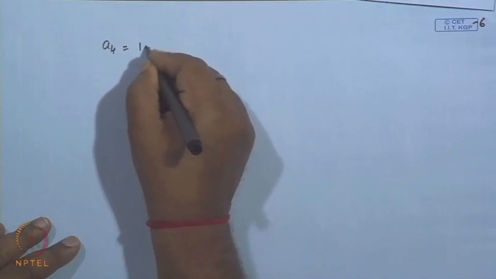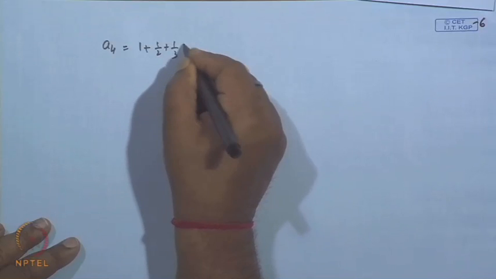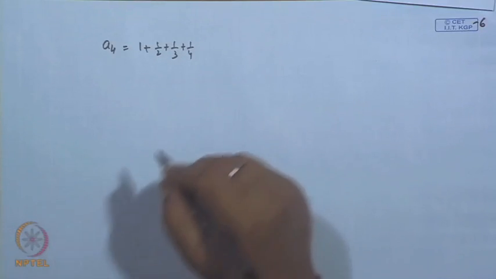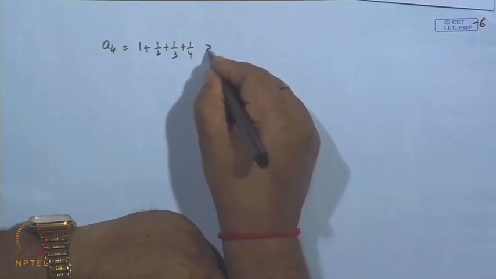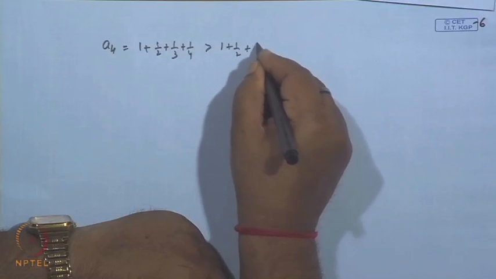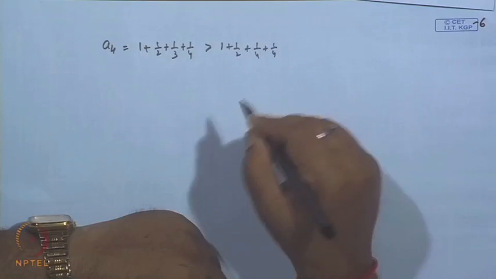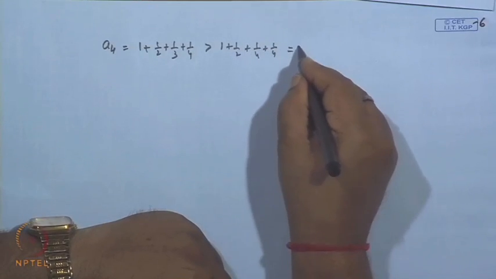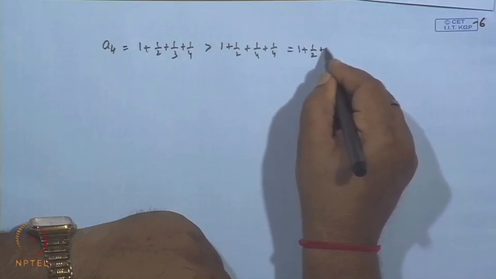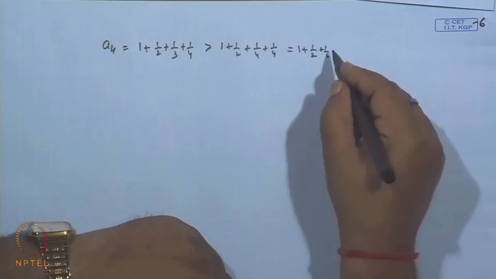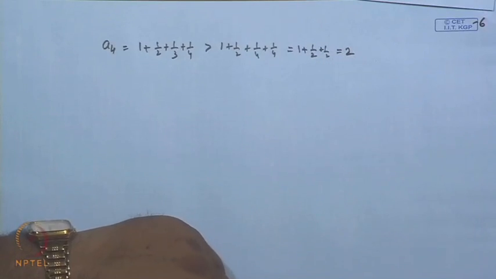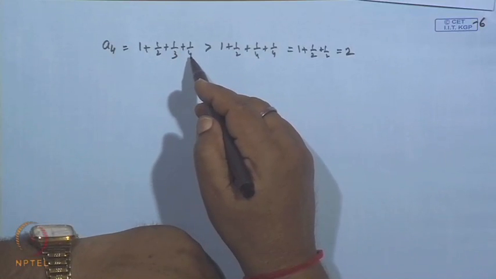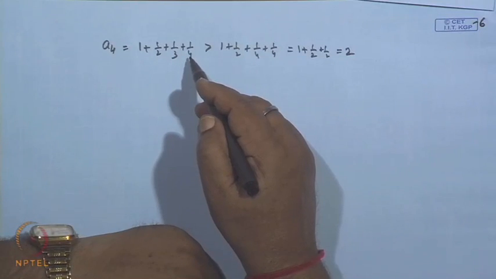A4 is 1 plus half, 1/3, 1/4. Okay. Now, this will be greater than 1 plus half plus 1/4 plus 1/4. That is equal to 1 plus half plus half, that is equal to 2. 1/3 is greater than 1 by 4. Is it not?